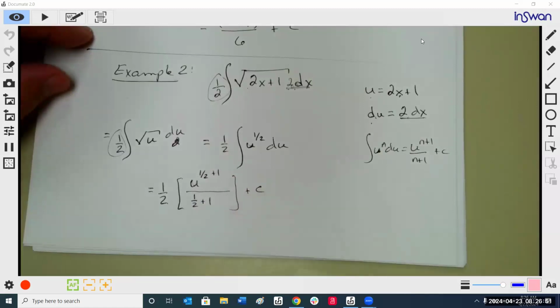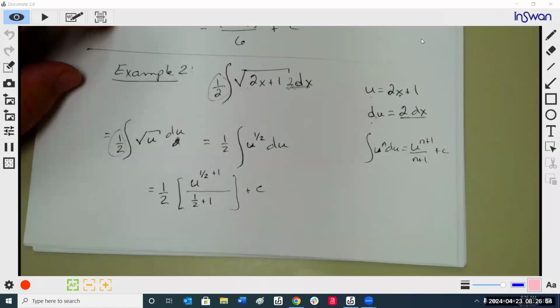All that plus c. Because you can't forget to put the plus c at the end, since it's an indefinite integral.